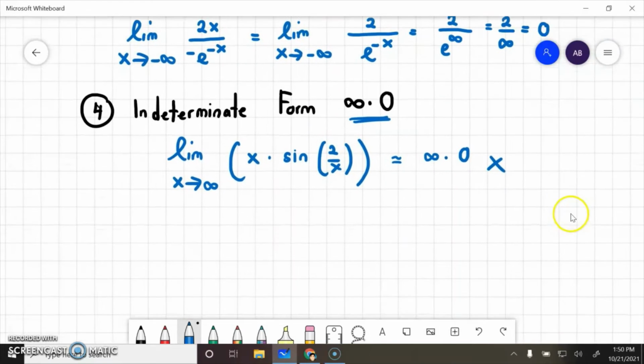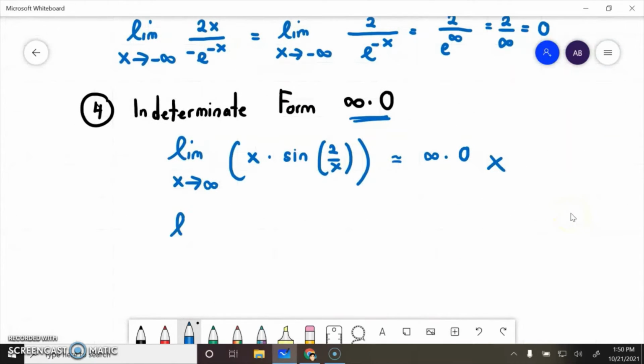So what do you do? You gotta apply L'Hopital's rule, where I gotta differentiate my numerator. But before you take the derivative here, you want to make sure that if you happen to have this form, you write your limit in the form of 0 over 0 or infinity over infinity. So I want to rewrite this.